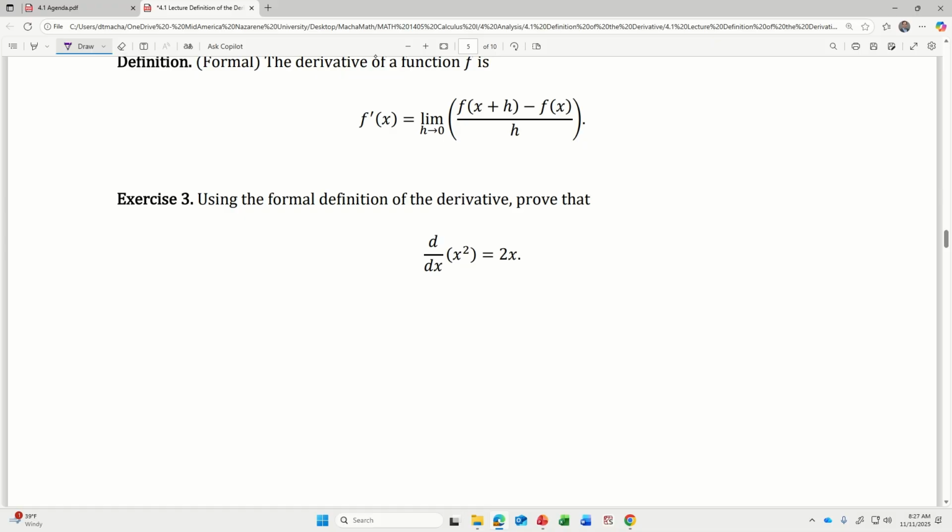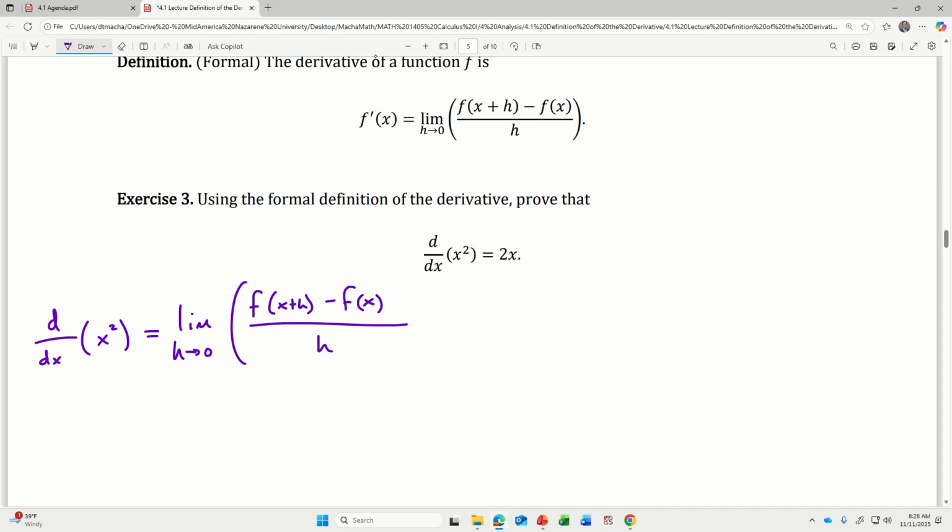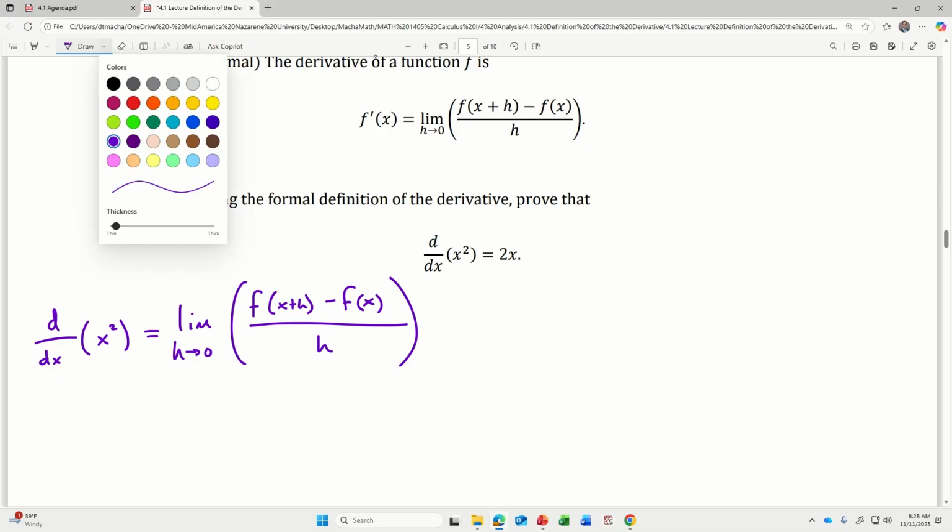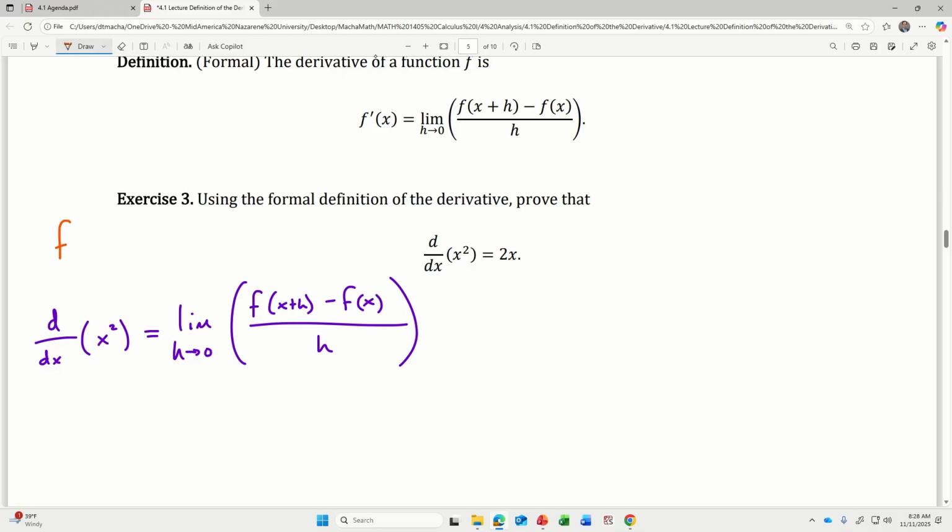So the derivative of x squared is going to be the limit as h approaches 0 of f of x plus h minus f of x divided by h, where f of x is x squared.